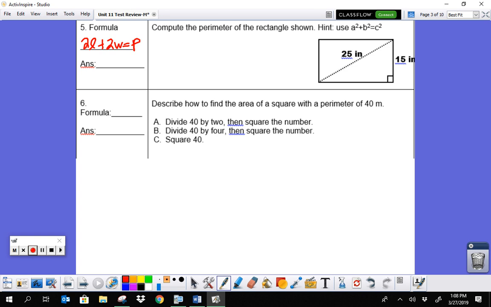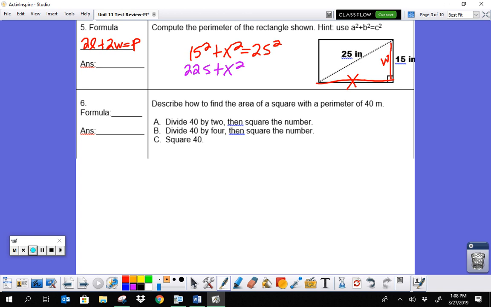It's just here in this instance, we only have one side. So we only know the width, we don't know the length. So we have to do Pythagorean theorem to find that. So I'm just going to call that x. So I would have 15 squared plus x squared equals 25 squared. Okay, 15 squared is 225.